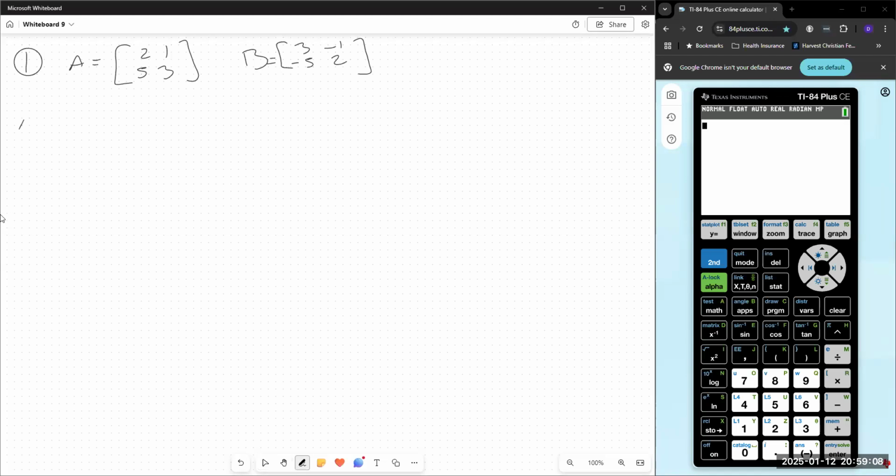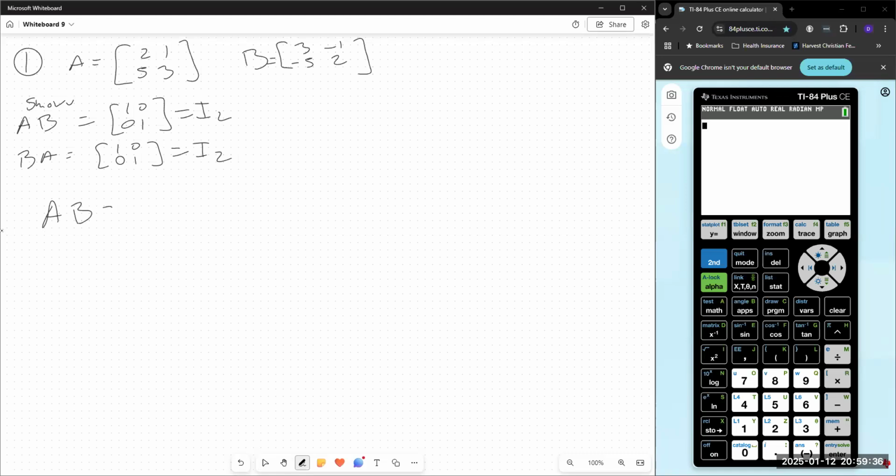So we want to show that AB equals [1, 0; 0, 1], the identity matrix for 2 by 2s, and that BA also equals [1, 0; 0, 1], the identity matrix for 2 by 2s. So let's go ahead and show that.